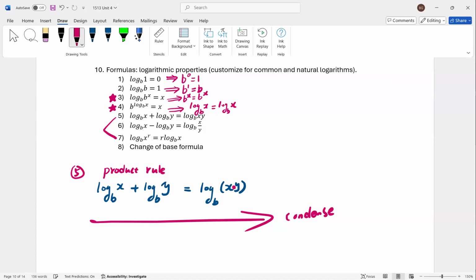When we have an addition of 2 logs with the same base, very important, the base has to be identical, then we can condense this addition into 1 log. Keep the base, still b, and the argument would be the multiplication of the original 2 arguments, x times y. Multiplication, product. And that's the reason the rule is called the product rule.